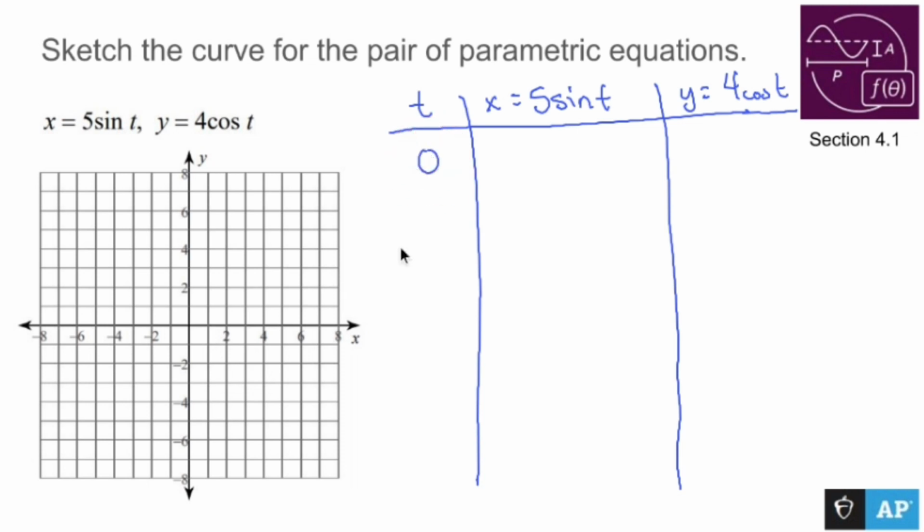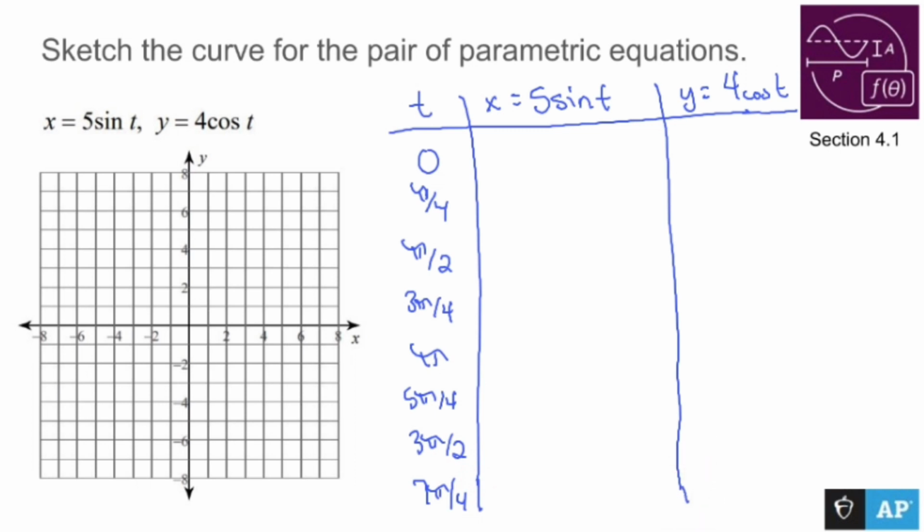So I'll choose 0, I'll choose pi over 4, pi over 2, 3 pi over 4, pi, 5 pi over 4, 3 pi over 2, and 7 pi over 4. And I don't need to do 2 pi because 2 pi is just 0.